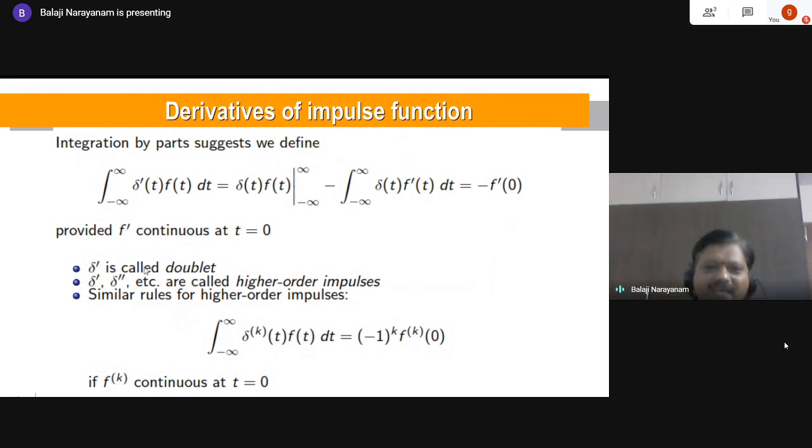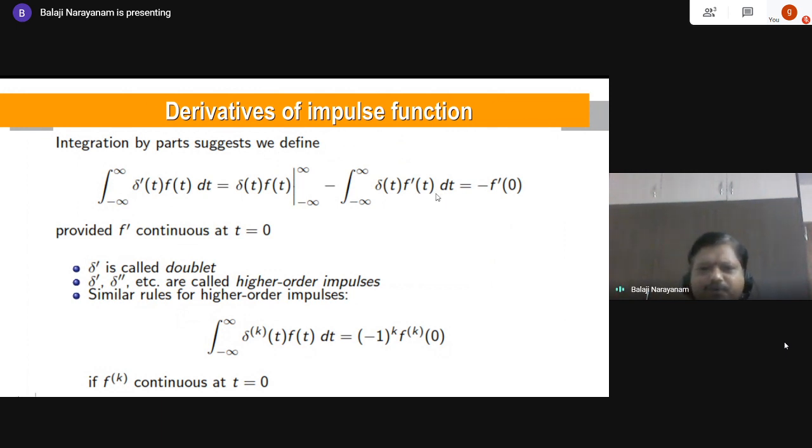That is the reason why the first term is del of t f of t, and the second term being integral minus u dash, again within that integral v dt, that will result in integral minus infinity to infinity del of t f dash t dt.